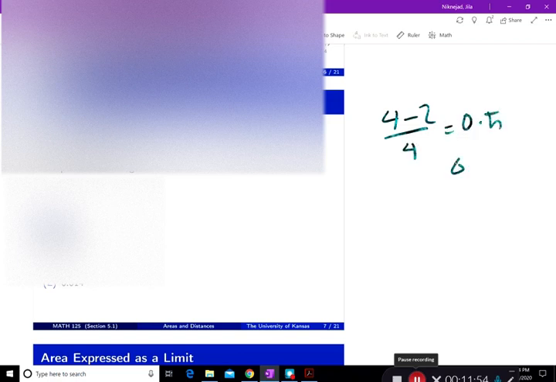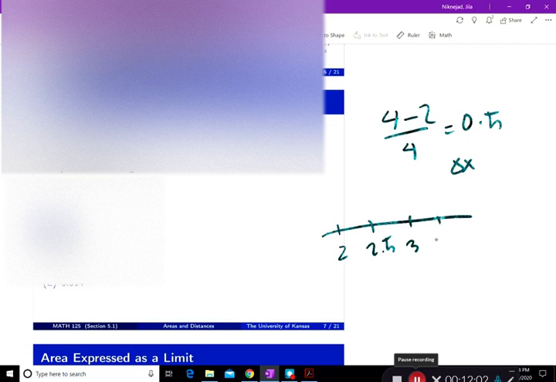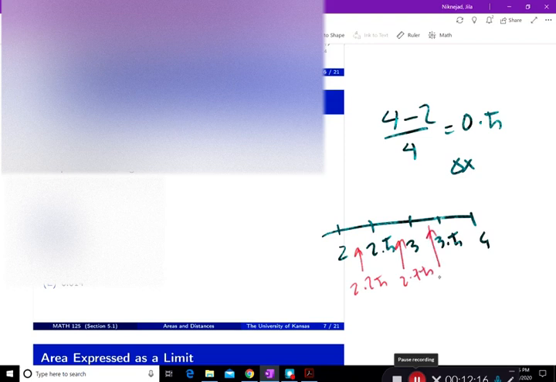That's the delta x, that's the length of each segment. You start at 2, then it's 2.5, then it's 3, then it's 3.5, and it's 4. Finding the midpoints, you end up with 2.25. You know that you have to add delta x to that, 2.75, and then you find 3.25, and then you find 3.75.